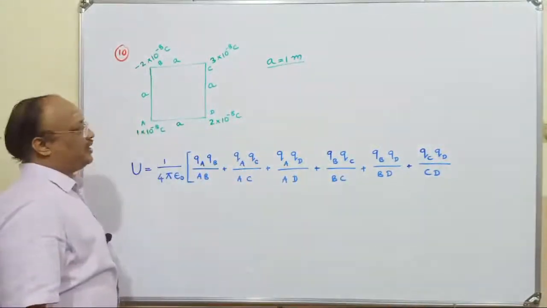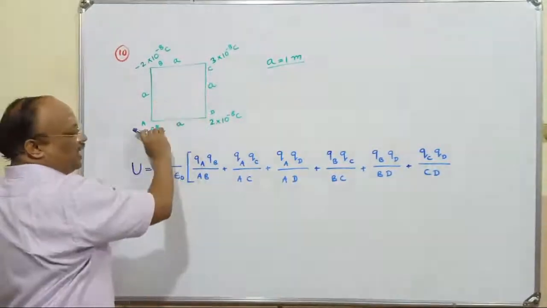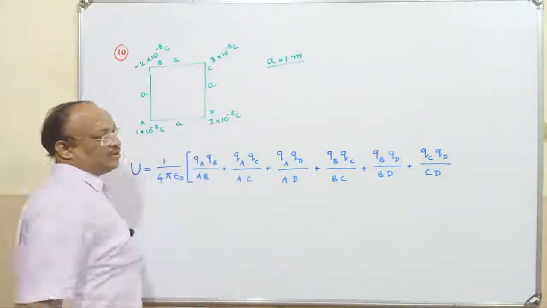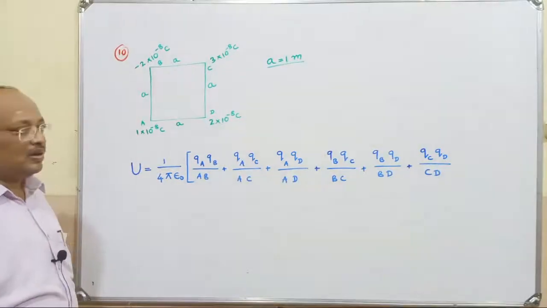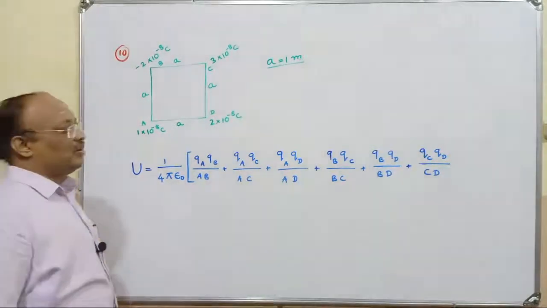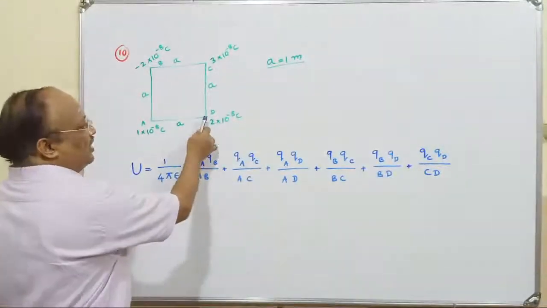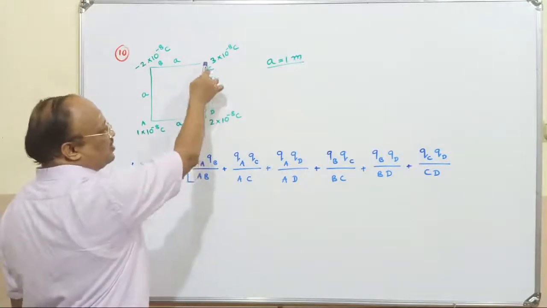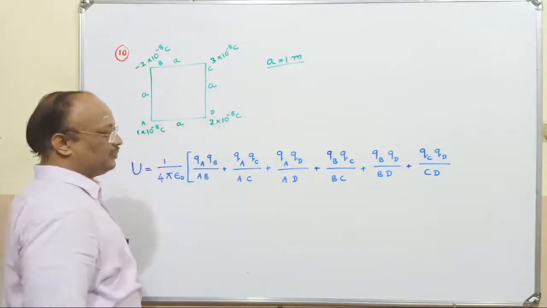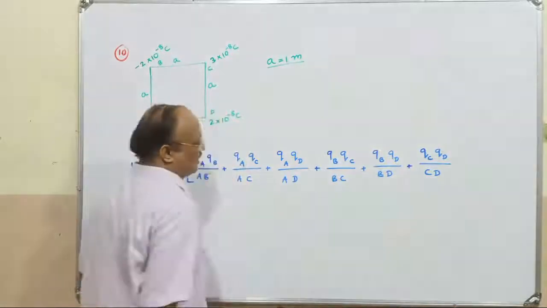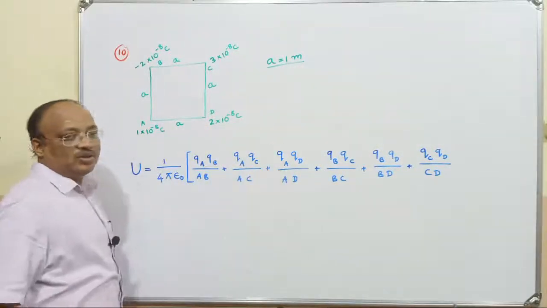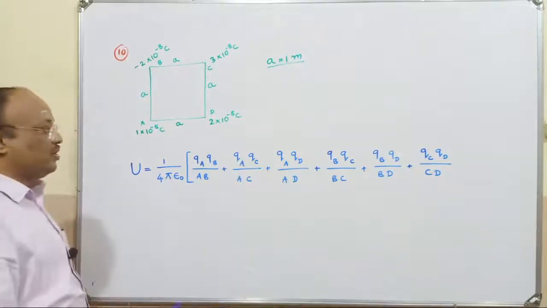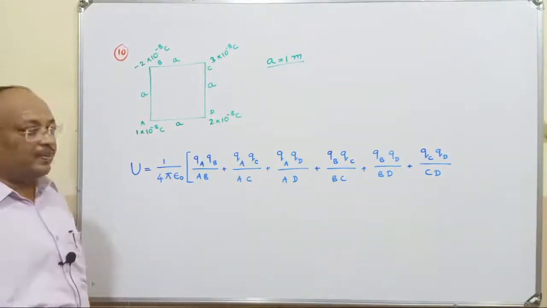You should not repeat. From C to A, already it is there. You should not repeat. Then from D, we have D to C. From D to A, already it is there. So once again, you need not repeat them.